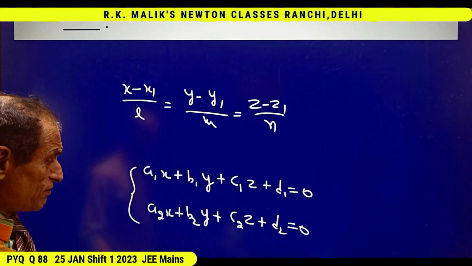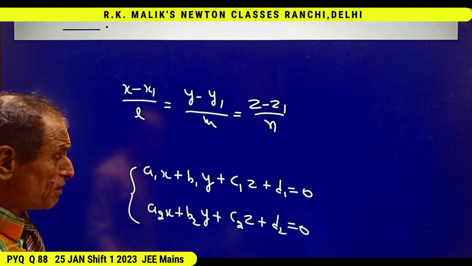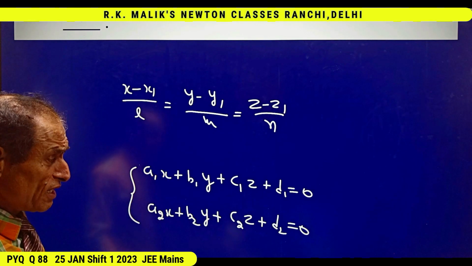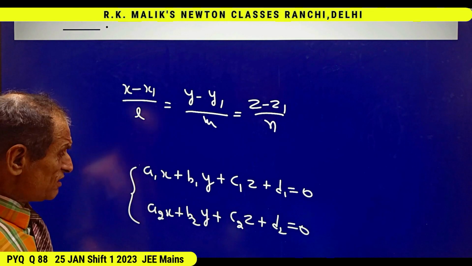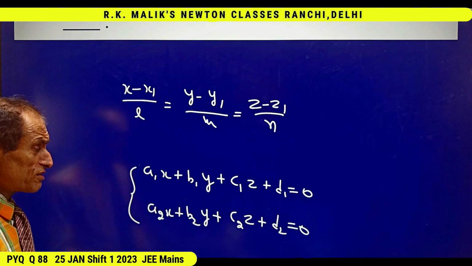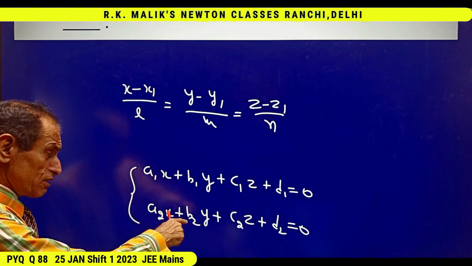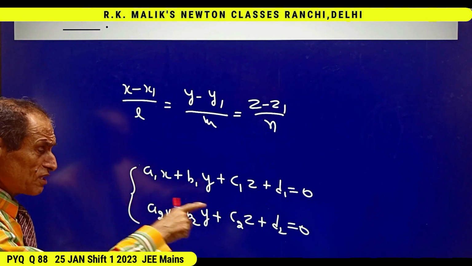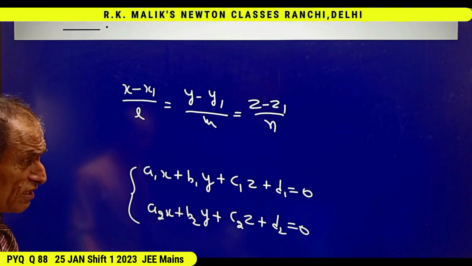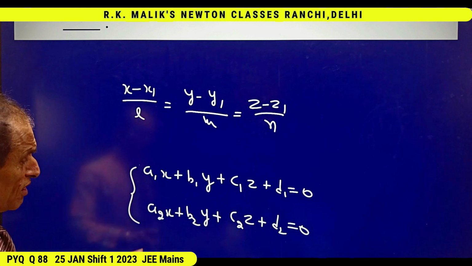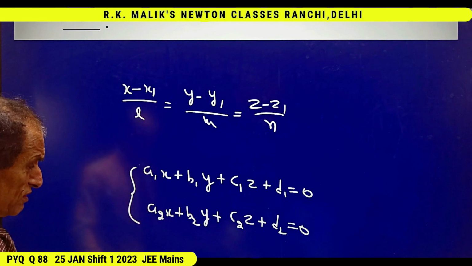Those points which satisfy this equation and this equation both will be lying on this line. That is, two planes simultaneously represent a line. Those points whose coordinates satisfy both equations lie along a line, and that line is the line of intersection of these two planes.